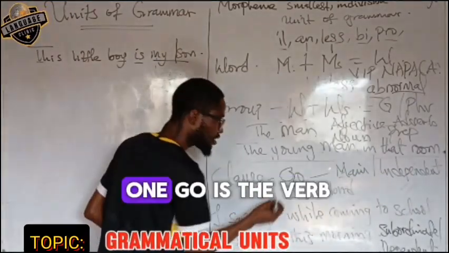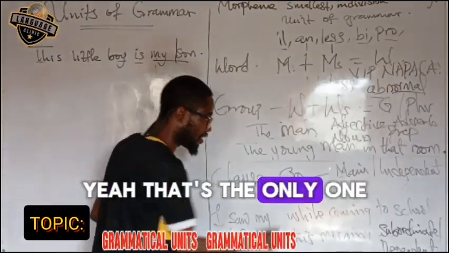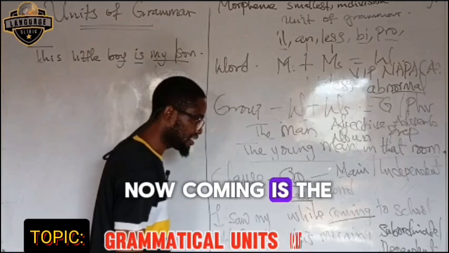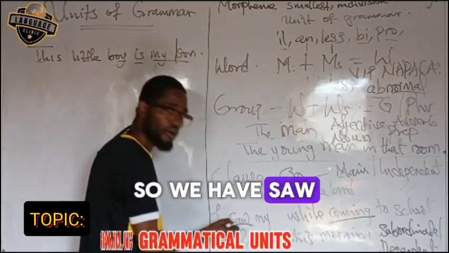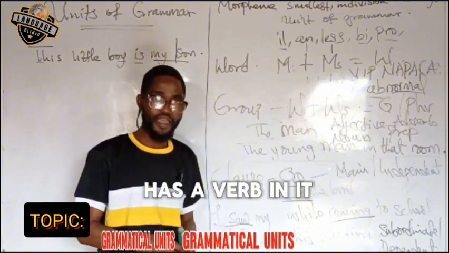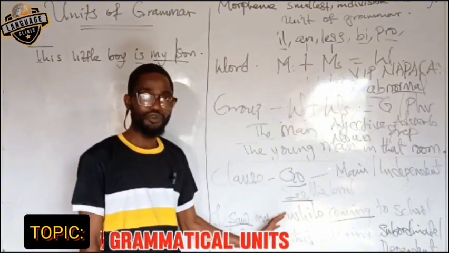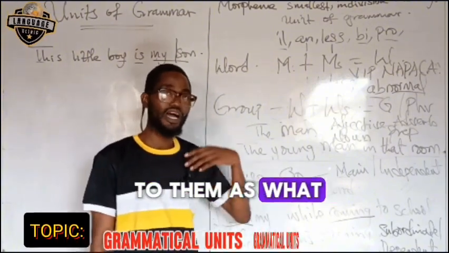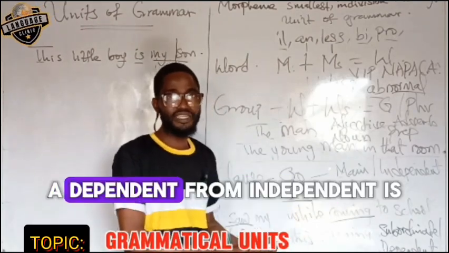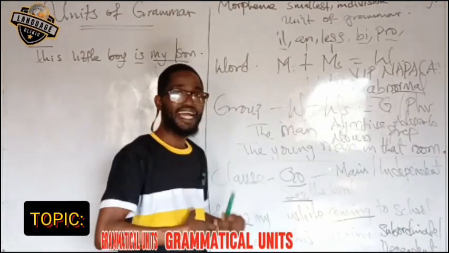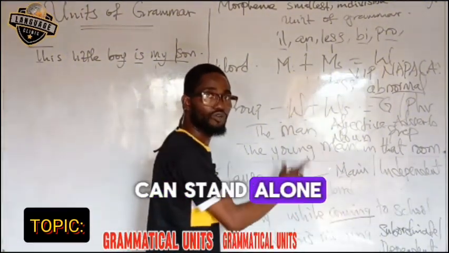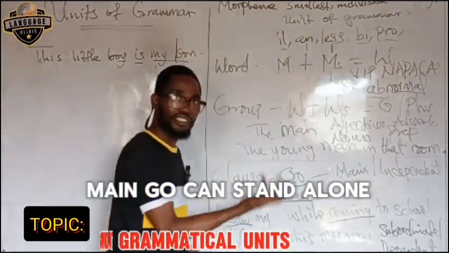In the first one, go is the verb, and that's the only one. See is the verb there. Coming is the verb there. Saw is the verb there. So each of them has a verb in it before we can refer to them as a clause. But the only thing that differentiates a dependent from an independent clause is whether the verb can stand alone. Like see can stand alone, and go can stand alone.